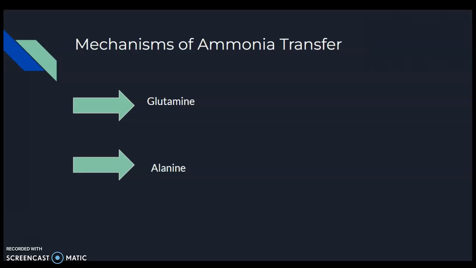Now alanine is able to travel through the blood to the liver, so at this point it has exited our muscles and gone into the liver. Now it undergoes transamination again and interacts with alpha ketoglutarate.